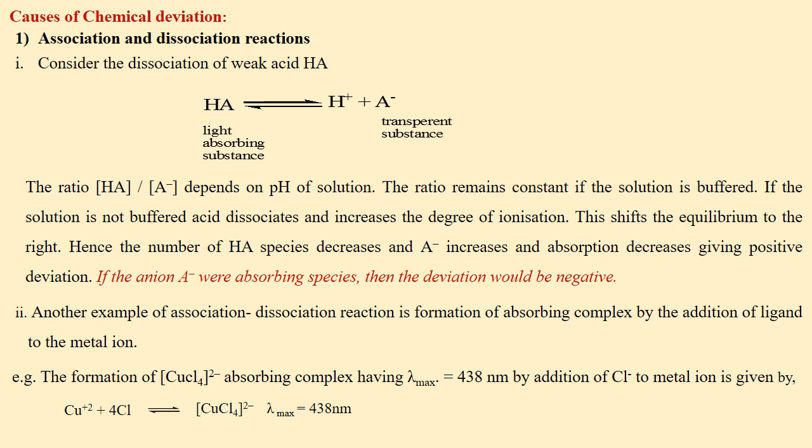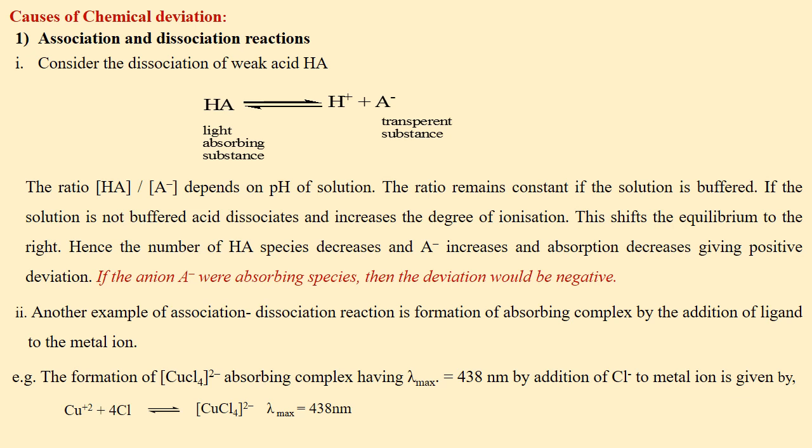If the solution is not buffered, then the acid dissociates and increases the degree of ionization, which shifts the equilibrium to the right. Hence, the number of HA species decreases and A species increases. Due to this, absorption decreases, and if the species A is transparent, then it shows positive deviation.